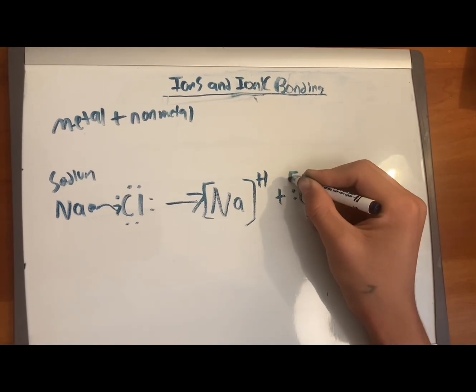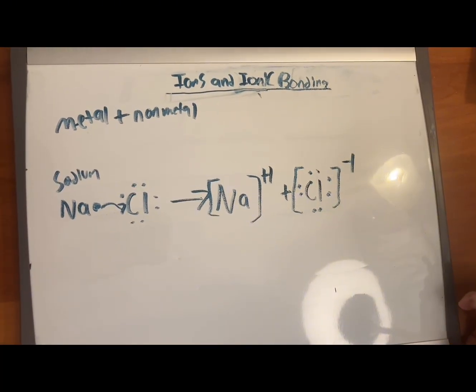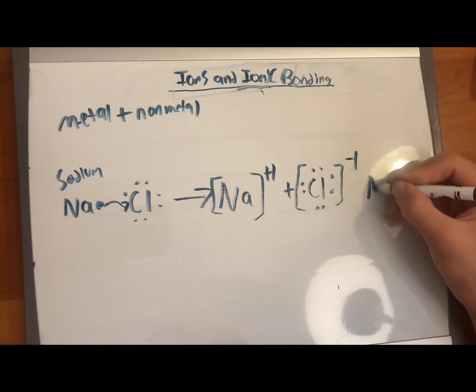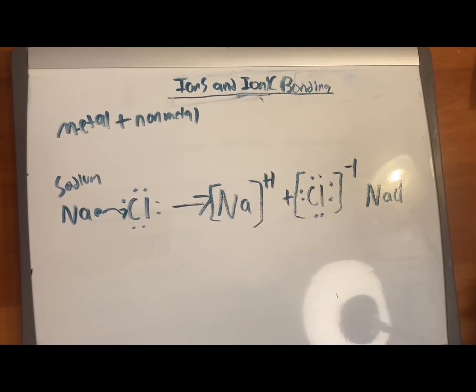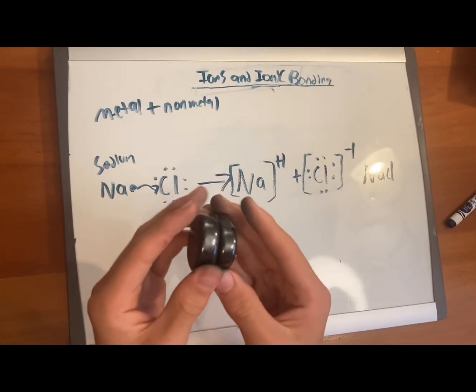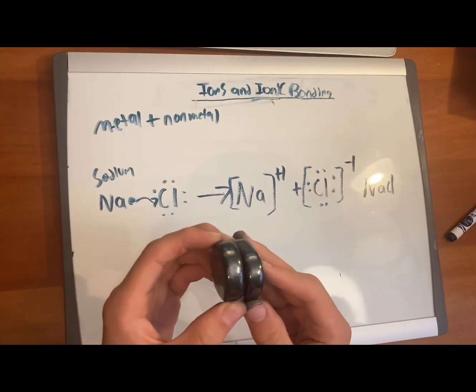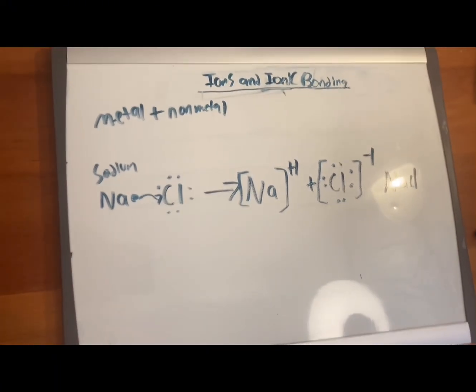This is a -1 because of the electron it's gaining. This ionic bond forms NaCl, or sodium chloride. It is also known as table salt. Ionic bonds are strong because they're formed by the powerful attraction of oppositely charged ions, cations, and anions.